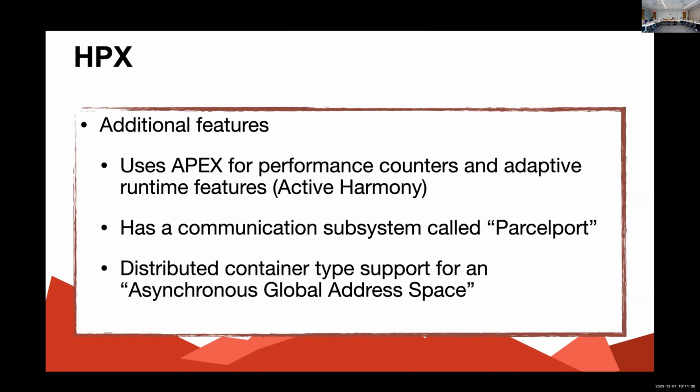That manages all of the distributed communications between what are called localities. Localities are the same as a rank or a PE in the SHMEM model or in the MPI model. Altogether, you end up with distributed container support for something called an asynchronous global address space, where objects can move around based on workload and what's currently going on in the underlying hardware.